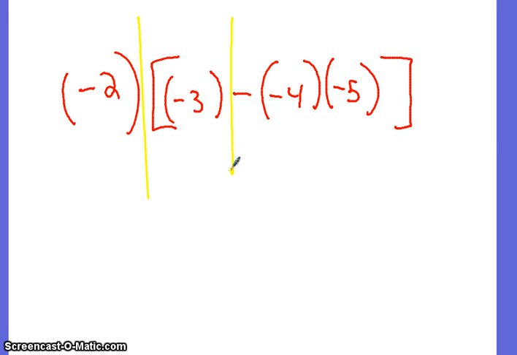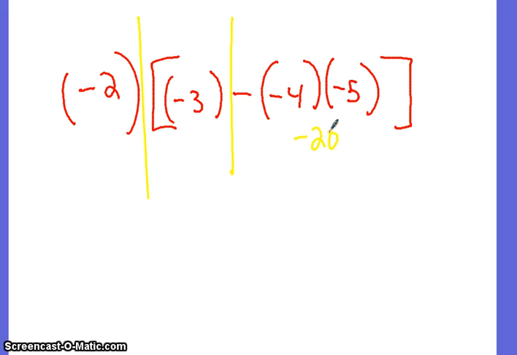So what is -4 times -5? 20. 20 times -1 would be -20. Okay, -20 and -3 makes what?